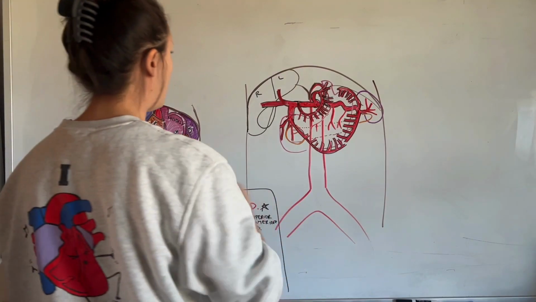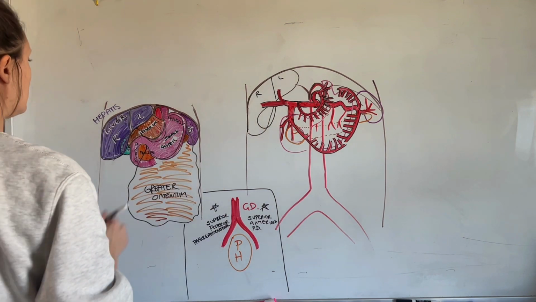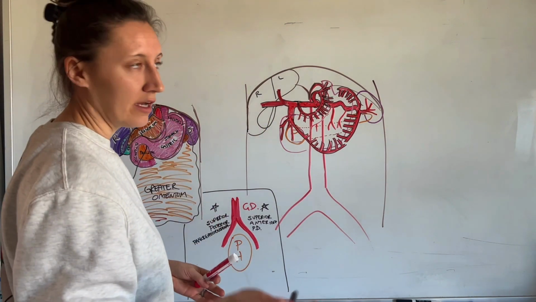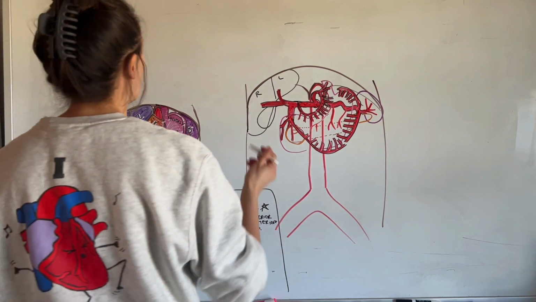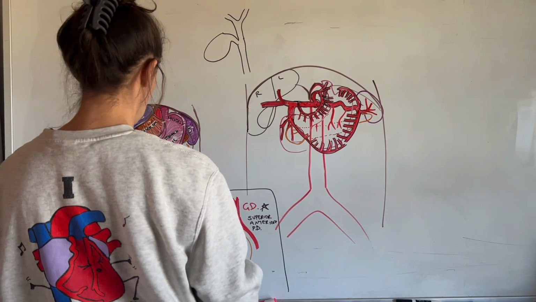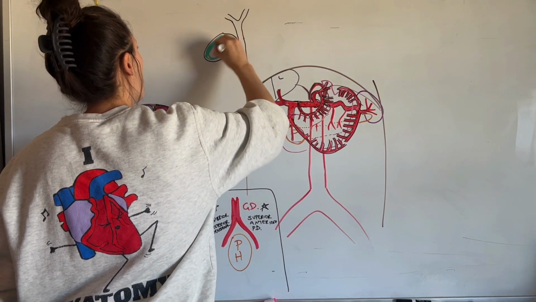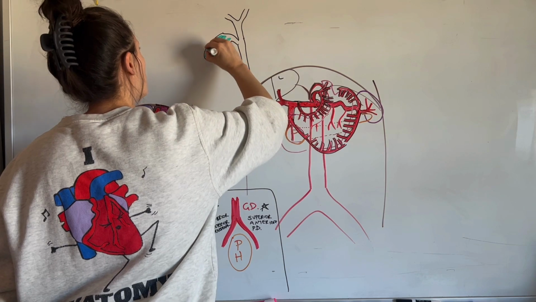So what's the other variable artery? Well, the other variable artery goes to the gallbladder, and it is called the cystic artery. If you think about the gallbladder itself in the biliary tree, what is the biliary tree? The biliary tree is essentially the ducts that hold and contain bile and transport it around.